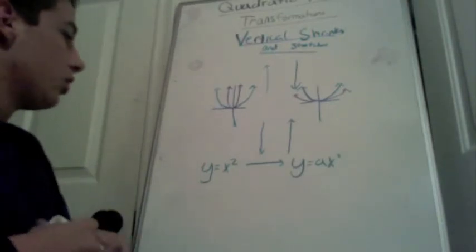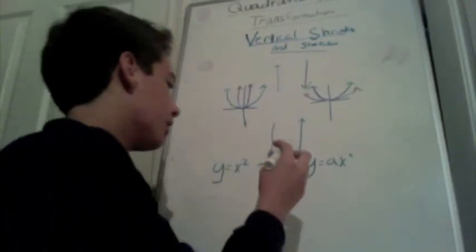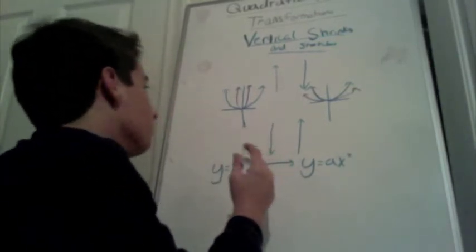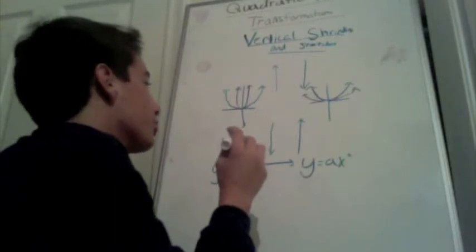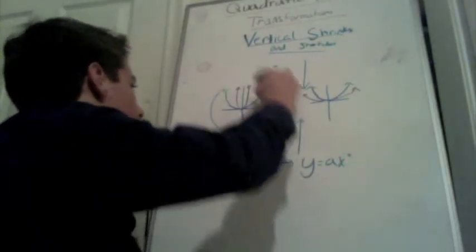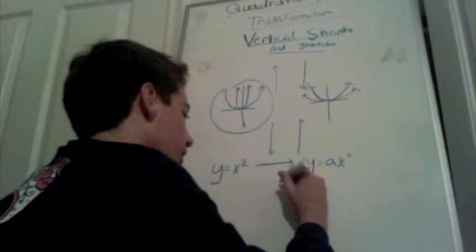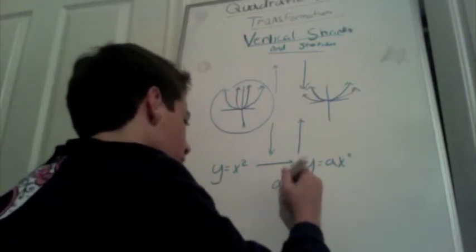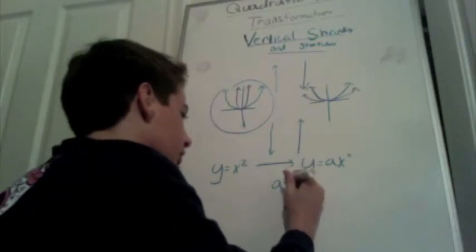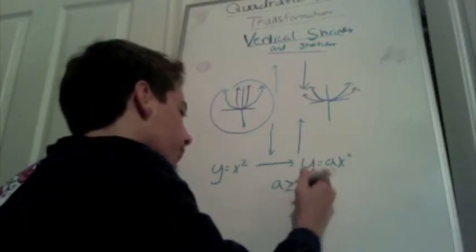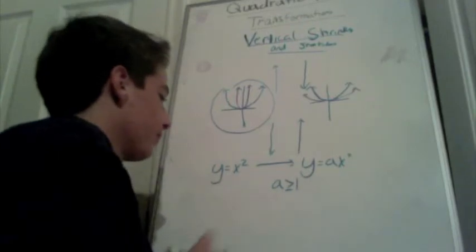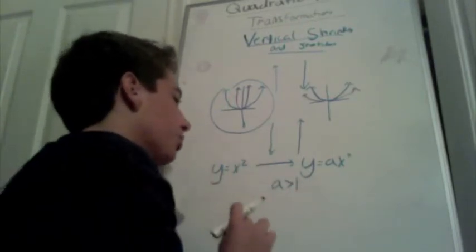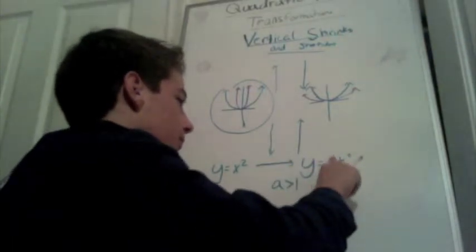For a vertical stretch, your a is going to be greater than 1. Not greater than or equal to, greater than 1. So let's say you had a 2 there.